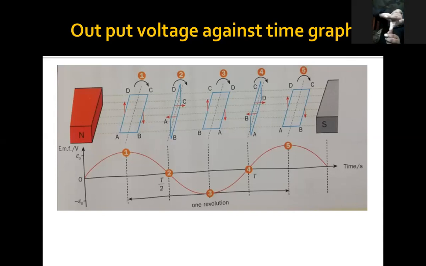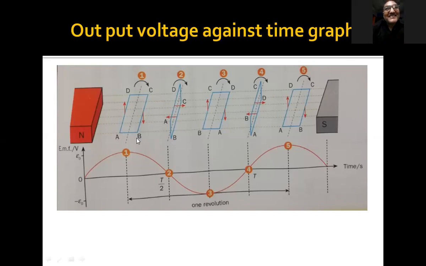The magnetic field is going from north to south, and the direction of the current is towards me. So the current will be flowing from C to B. In this position, the current is flowing from A to D and from C to B.